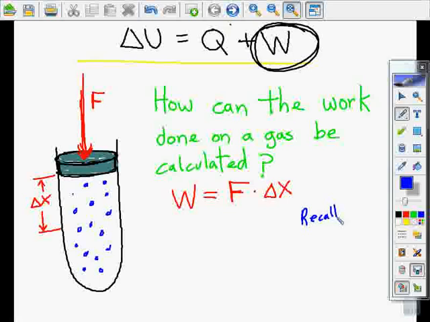Recall, pressure is equal to force divided by area. So if you solve this for force, the force that you push down on that piston with is equal to the pressure exerted on the piston times the cross-sectional area. This area right here.